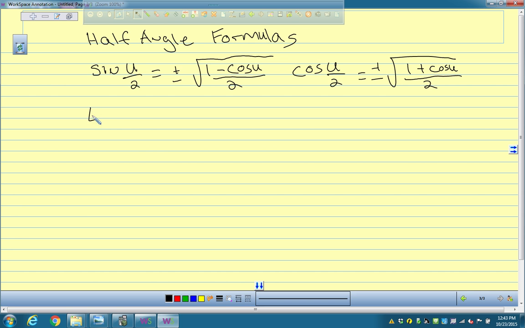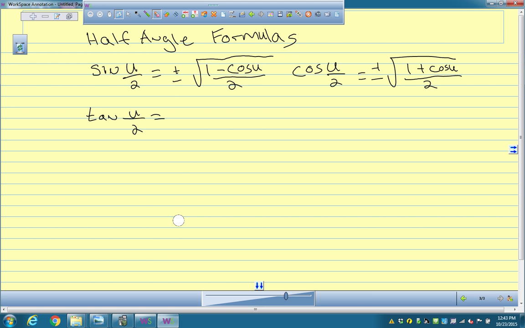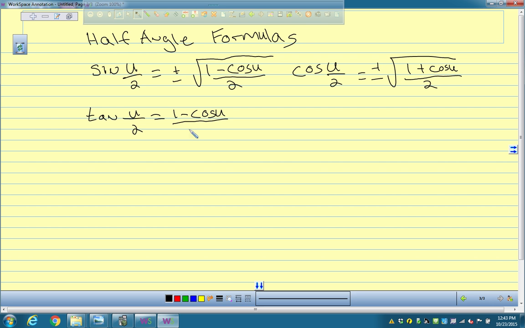And tangent of u over 2 is not plus or minus, it's just equal to either of these: 1 minus cosine u over sine u, and that's equivalent to sine of u over 1 plus cosine u.